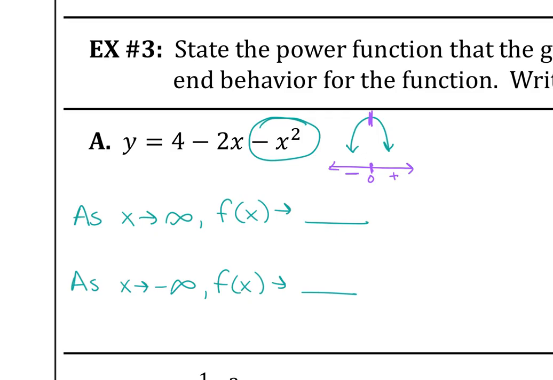So as x on our number line is approaching positive infinity, our graph is going down towards negative infinity. And as x is approaching negative infinity, so our x-axis here, approaching negative infinity, our graph is going down to negative infinity. And that's all we're looking for.